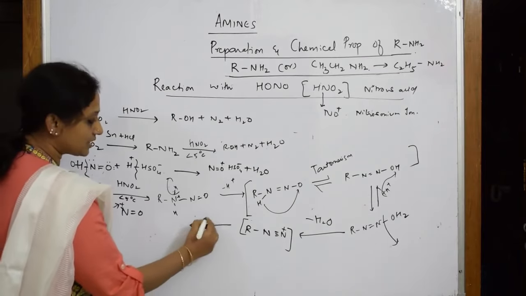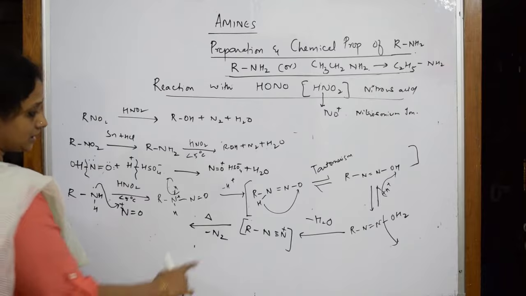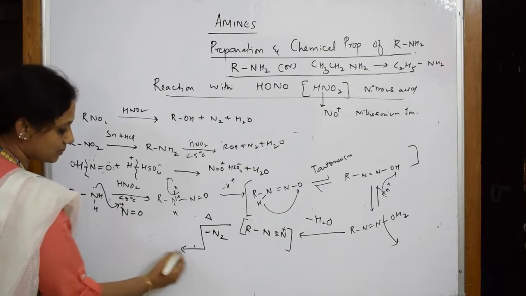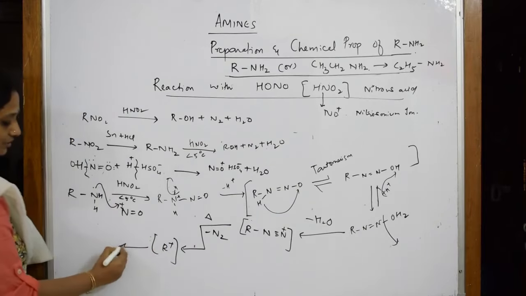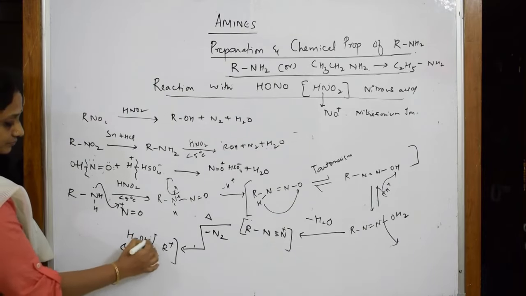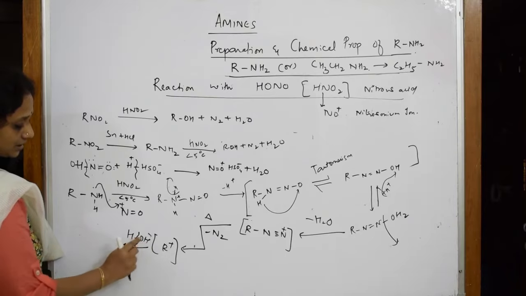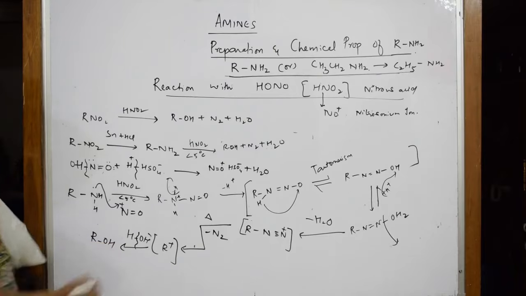Now further, when I heat it, nitrogen gas escapes out. Then I'm left with R plus. Now to this R plus, I'm going to introduce water. Simple. This is plus, so there's a cleavage, and minus goes in. This becomes alcohol.